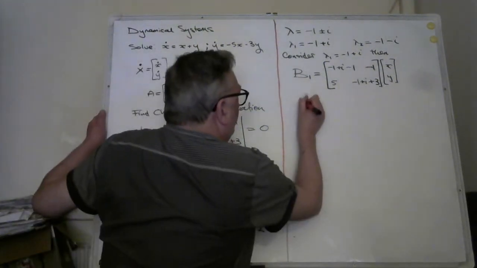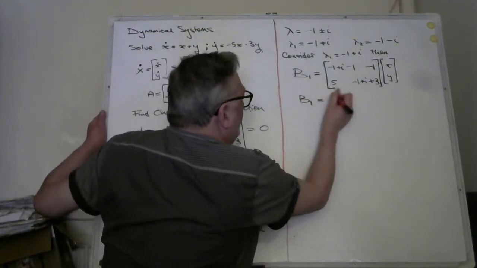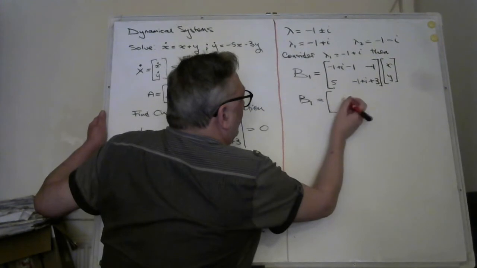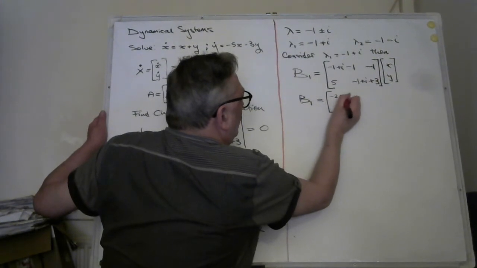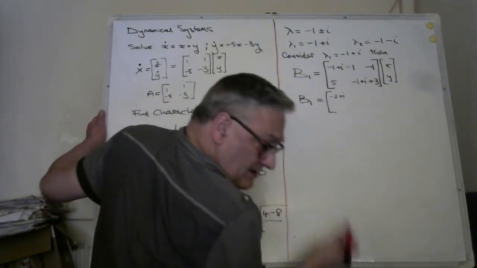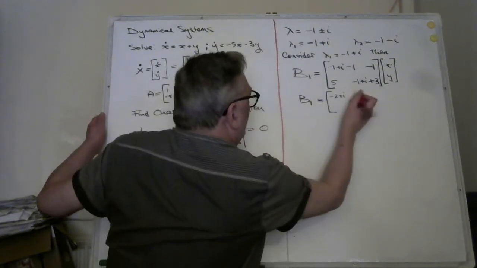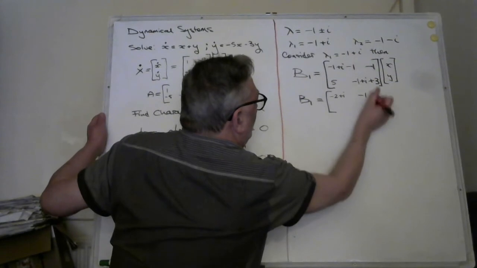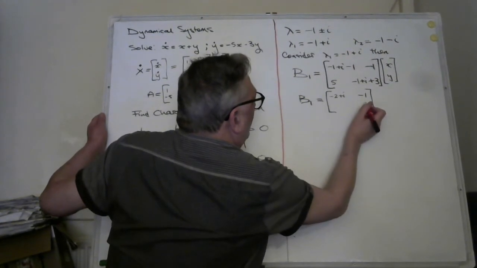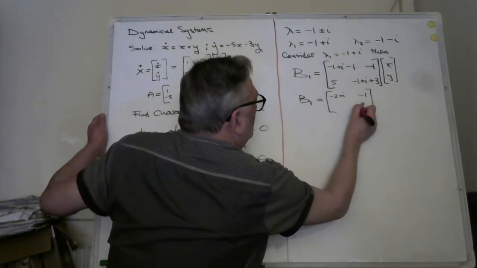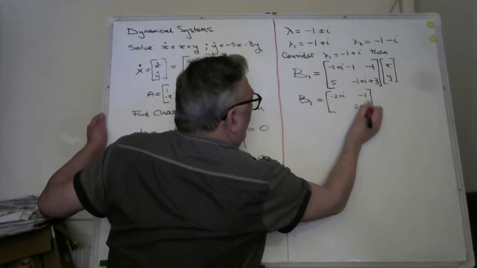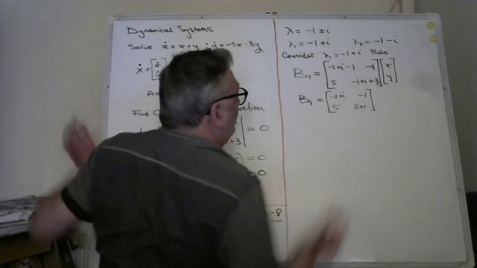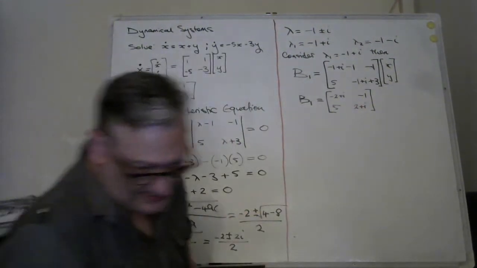So we get that B1 is equal to minus 2 plus i, minus 1, 2 plus i, and 5. So that's what we get for that matrix there.